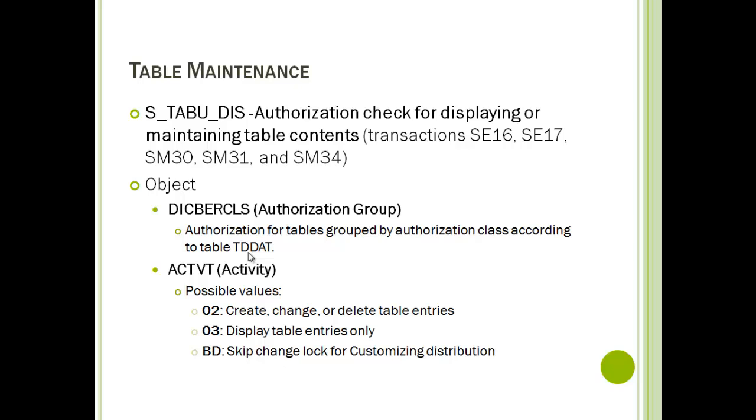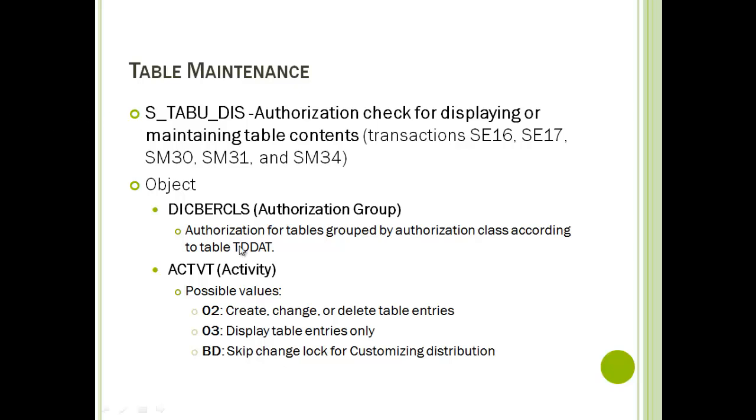Whenever you assign this authorization group in this specific authorization object, that specific table can be maintained by the user who has this authorization. So S_TABU_DIS is one of the critical objects. Whoever assigns this, you have to be very specific about what you assign in this authorization group field.